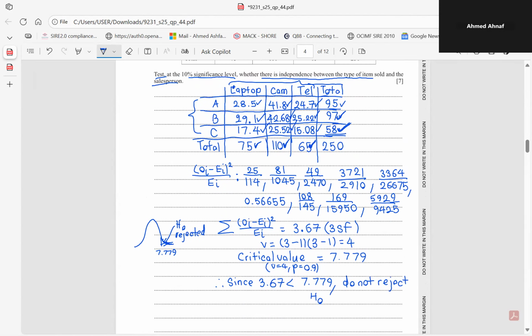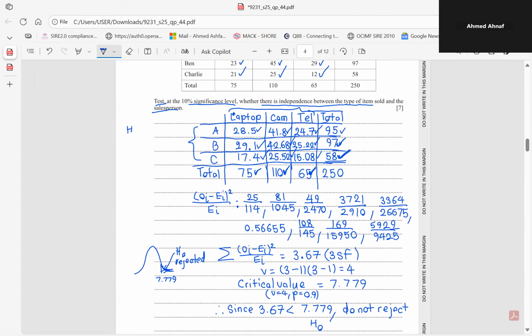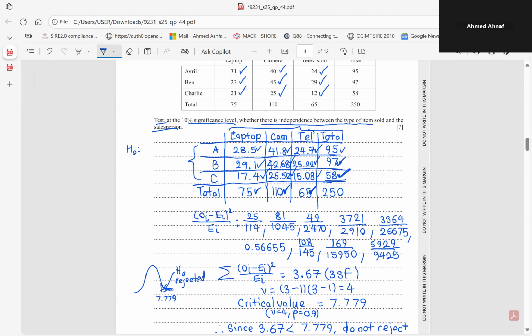For this type of chi-square test, you define your H naught as there is independence between the type of item sold and the salesperson.